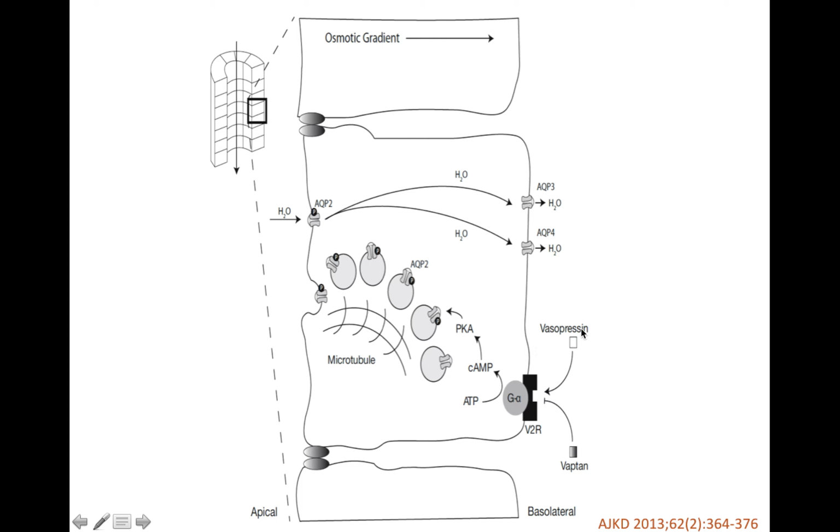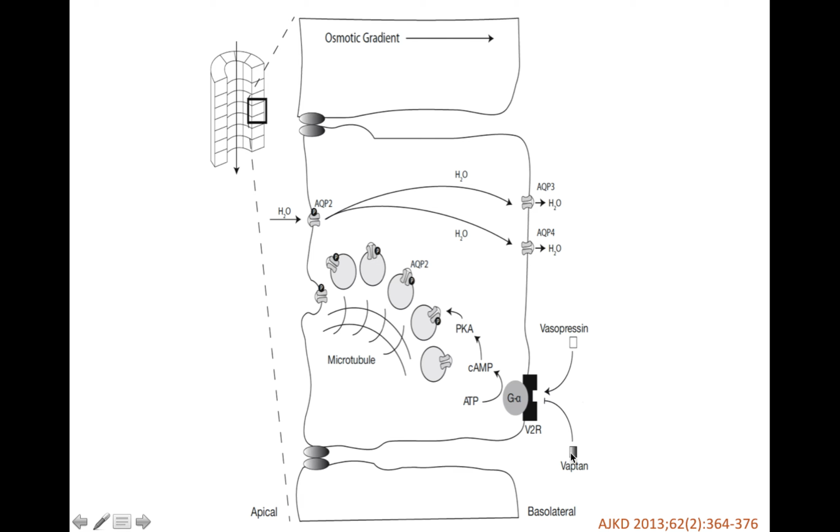Now in our body, when vasopressin attaches to the receptor via cyclic AMP, this is very important, cyclic AMP, there is phosphorylation of the aquaporin 2 receptors, and now water is absorbed in our body via aquaporin 2 channels on the apical membrane, and then the water is reabsorbed in our body via aquaporin 3 and 4 channels on the basolateral membrane. So remember, all of you, aquaporin 2 channels are on the apical membrane, and aquaporin 3 and 4 channels are on the basolateral membrane.